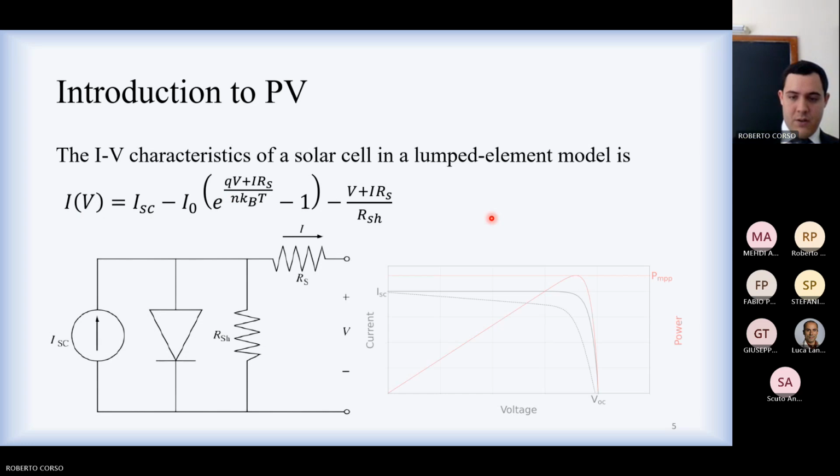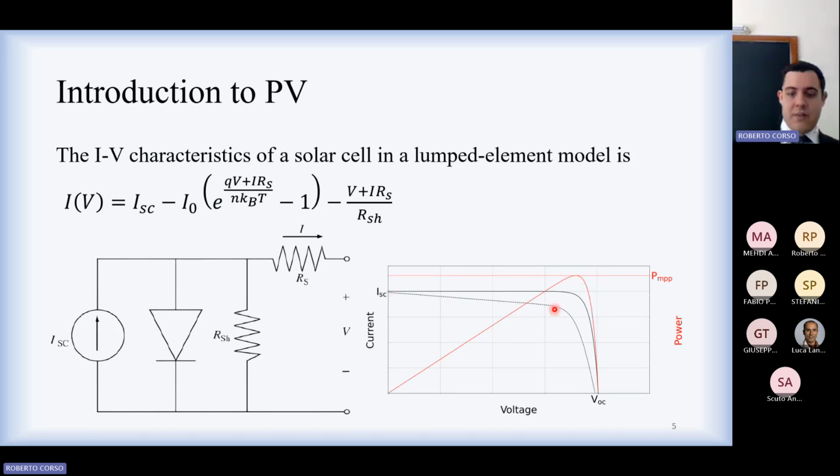And here we have a general plot of how this function appears. We have some key parameters that are employed when analyzing the performance of a photovoltaic system, namely the short circuit current for a voltage of 0 volts, open circuit voltage for a current of 0 amperes, and if we plot in red the power produced by the system, the power at the maximum power point.